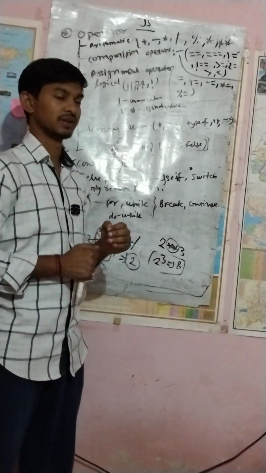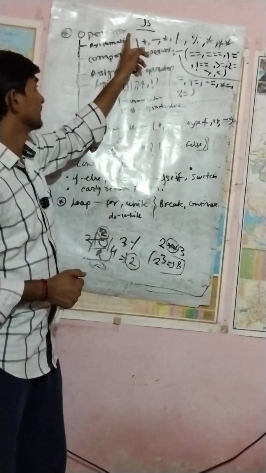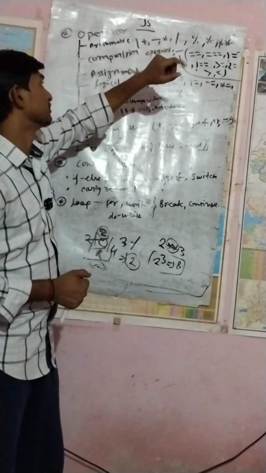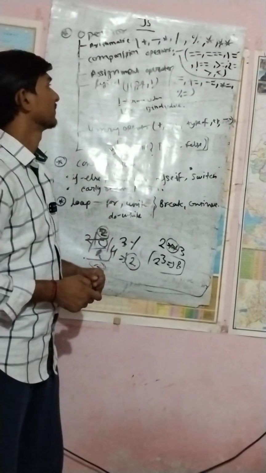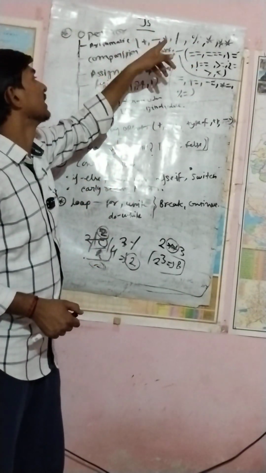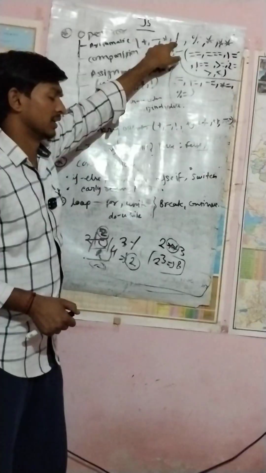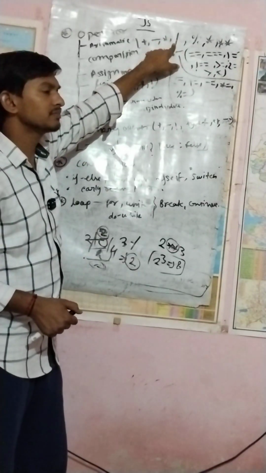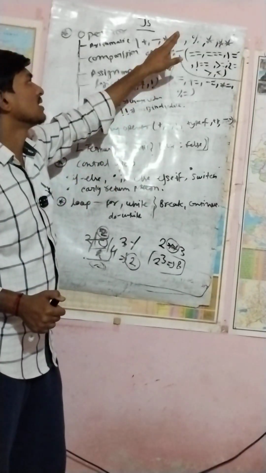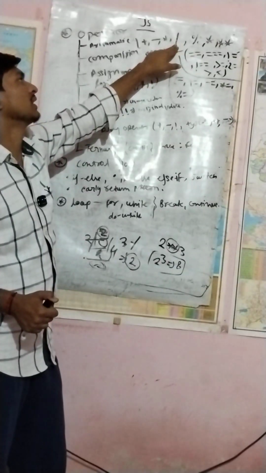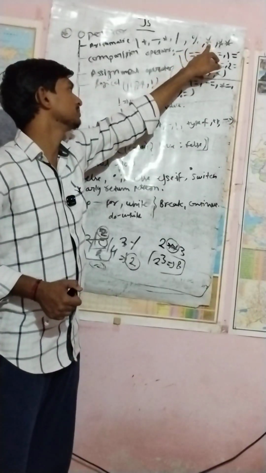First is the arithmetic operator that performs calculation between two variables. In arithmetic operations, there are symbols like plus, minus, multiply, divide, modulo, and double star. You already know the meaning of plus, minus, and star. Divide gives the quotient, modulo gives you the remainder, and star performs the product.